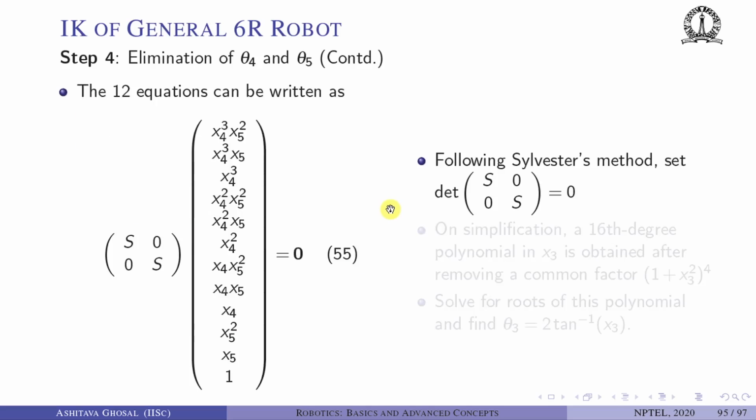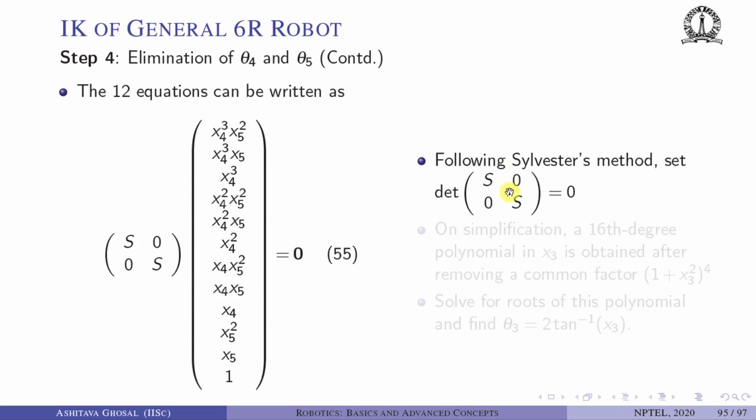But then we have multiplied and generated additional variables x4 cube, x5 square and so on. So we have the form S(y) into the x vector is equal to 0.